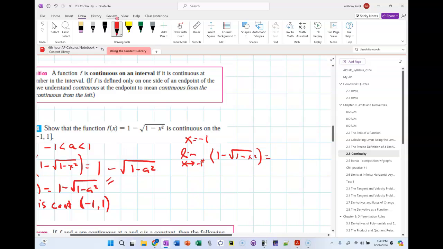But that's okay. That'll just do a direct substitution, and I get 1. And f of -1 also gives me 1. So we're good there.